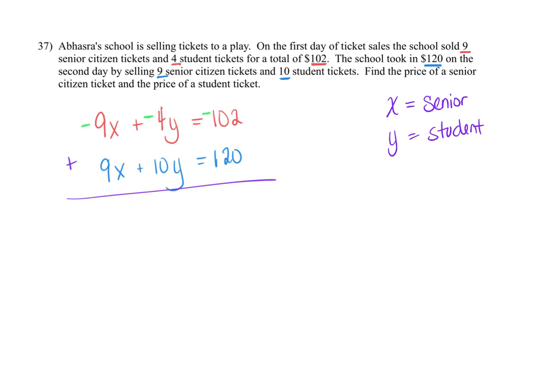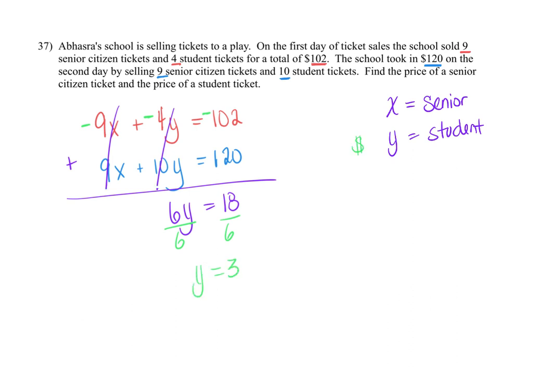My negative 9 and positive 9 will cancel. My negative 4 and positive 10 will give me a 6Y. And my negative 102 and positive 120 will give me 18. And then I can just divide both sides by 6 and get Y equals 3.